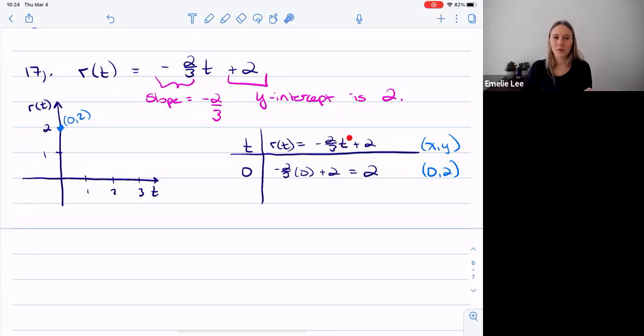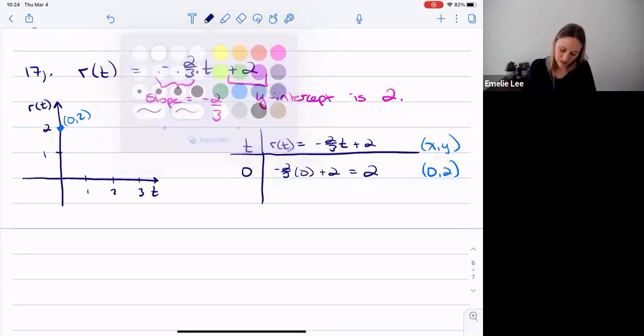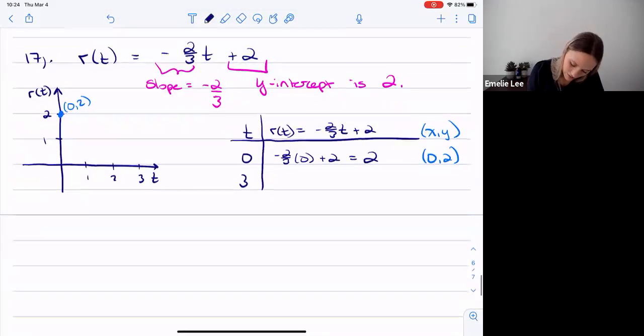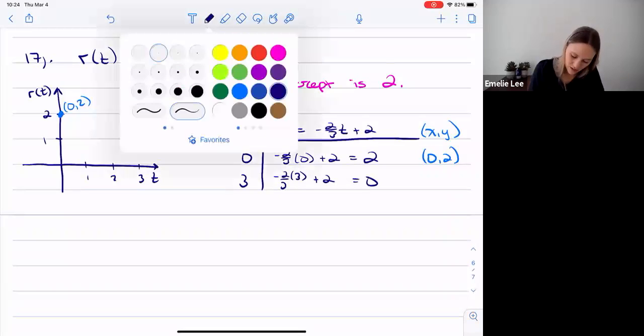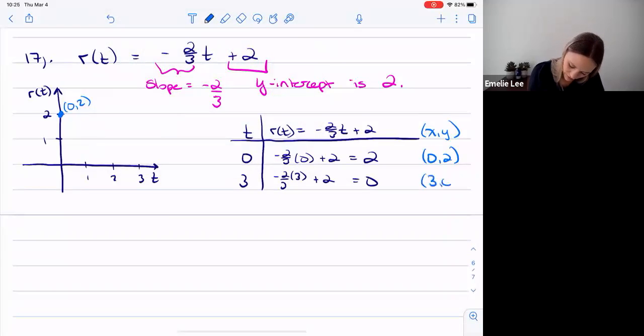Well, -2 over 3 times 3 is -2. -2 plus 2 is 0. So that's good. So if t is 3, then I get -2 over 3 times 3 plus 2, which we said was 0. So now I'm at 3, 0, which means I'm going to cross the x-axis there. That was a little too easy, I think.